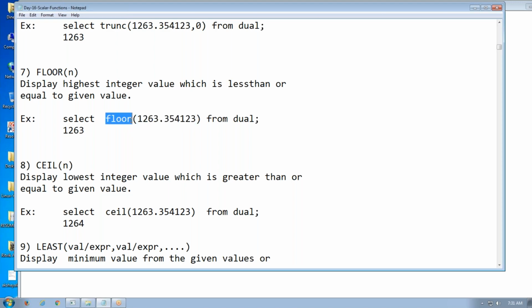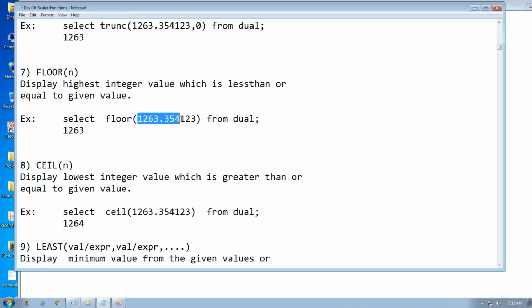Floor verifies whether the given value is an integer or not. It is not an integer, so what is its target? Its target is to print an integer. The floor function will print the immediate integer below or equal to the given value.